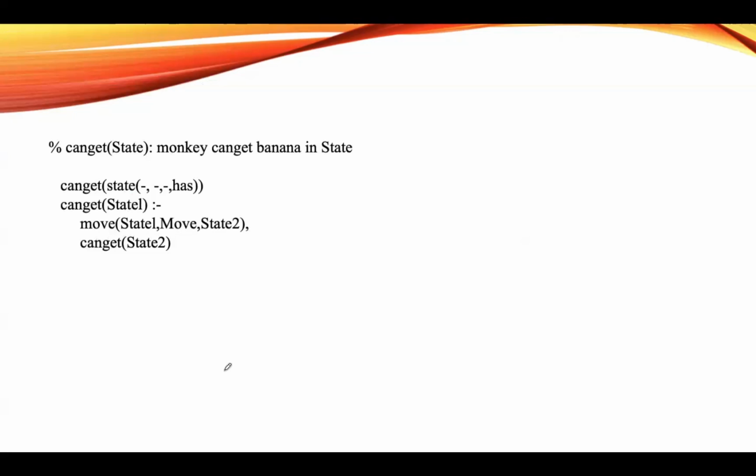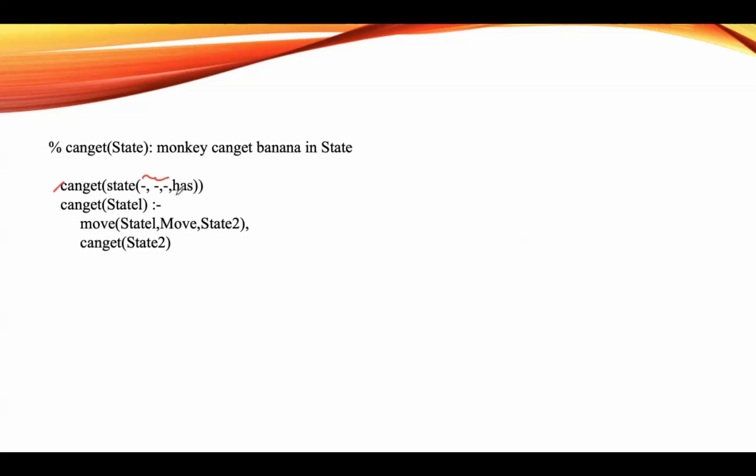Now, one important thing is we need to find the termination condition. We should check the current state, that is, whether the monkey is having the banana or not. For that, we need to execute the command canget of state and four components. We don't care about the three components, as I said before.